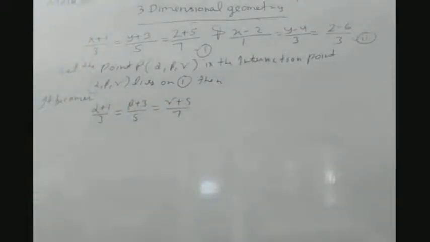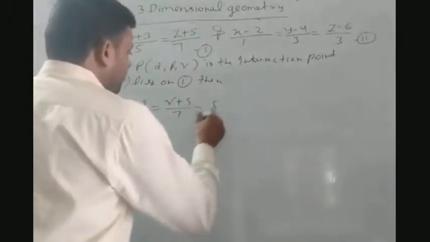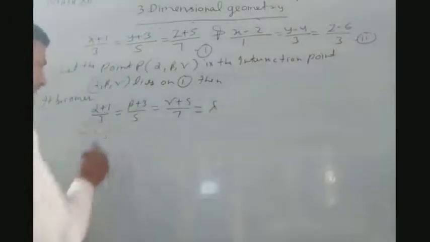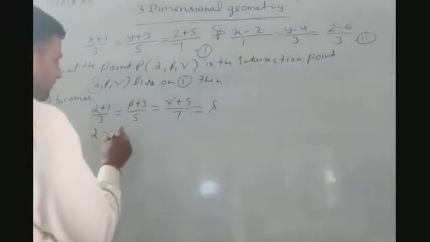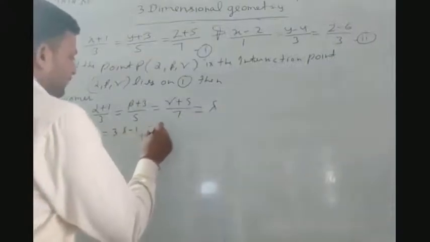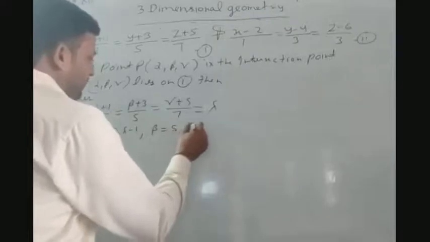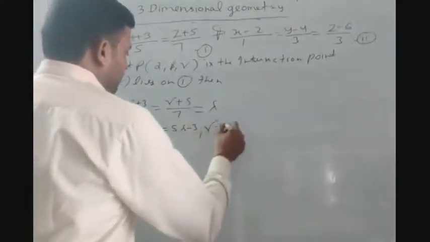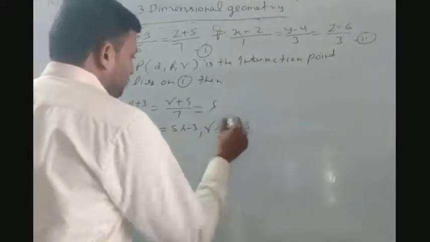Now we suppose this is equal to lambda. Then alpha is equal to 3 lambda minus 1, beta is equal to 5 lambda minus 3, and gamma is equal to 7 lambda minus 5.